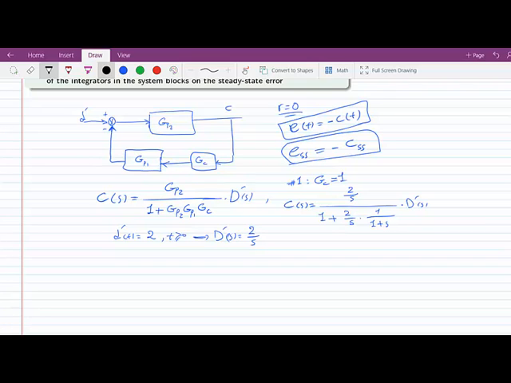Now we can say that the steady state error, which is equal to minus the steady state value of the output, can be written as minus the limit of c of t as t goes towards infinity, which is equal to the limit of s times C of s as s goes towards 0.